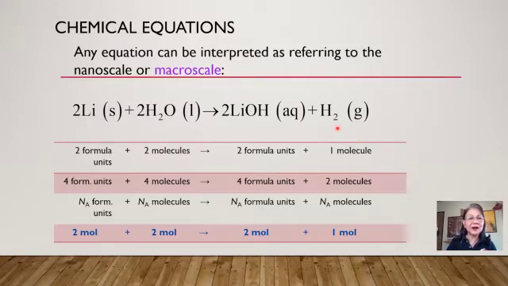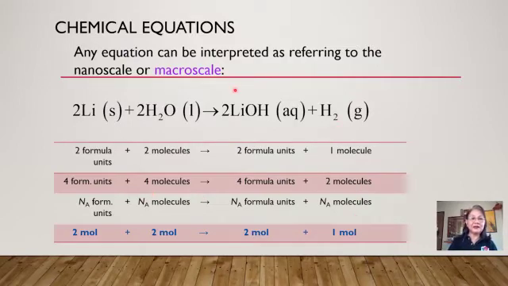Take note that we made use of different representations: an element represented by its formula, and an ionic compound represented by formula units, whereas water and hydrogen gas are covalent particles, so they are called molecules.